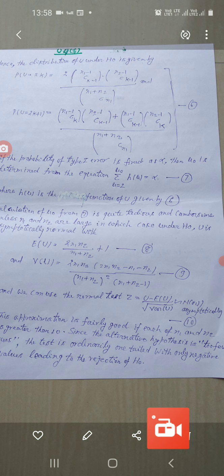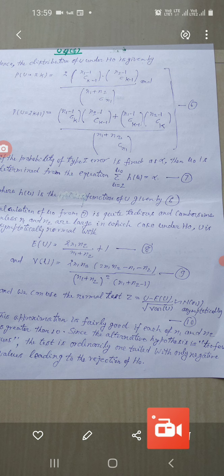And since you have expectation of u and variance of u, you can use the normal test z. This is z equal to u minus expectation of u upon under root variance of u, and this follows normal distribution with 0, 1 asymptotically, and let it be equation number 10.